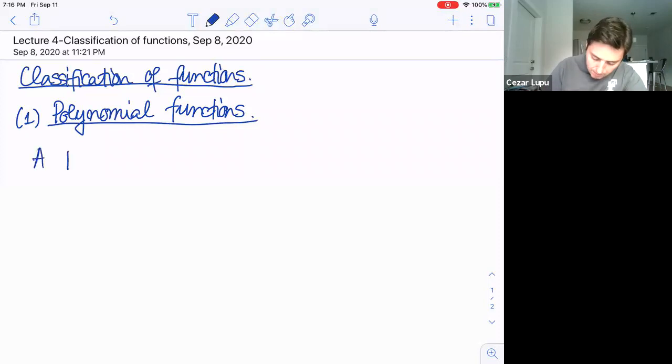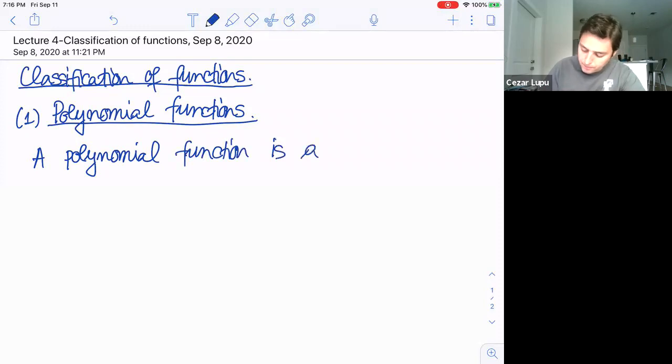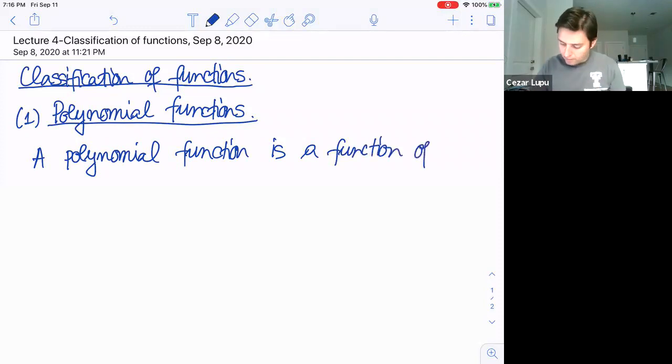A polynomial function is a function of the following form, and probably you already know this.